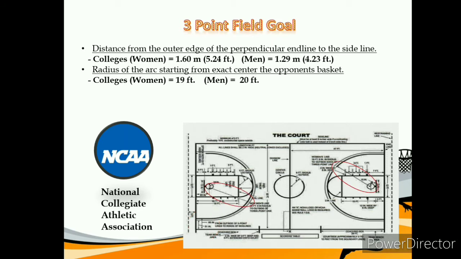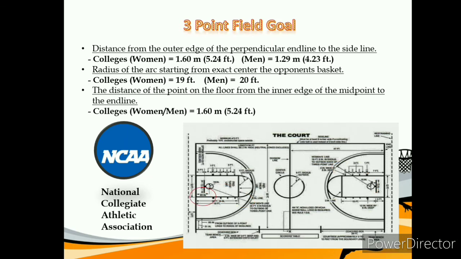Moving on, the radius of the arc starting from the exact center of the opponent's basket for women is 19 feet, while for the men, it's 20 feet. Another, the distance of the point on the floor from the inner edge of the midpoint to the end line is both 1.60 meters or 5.24 feet.